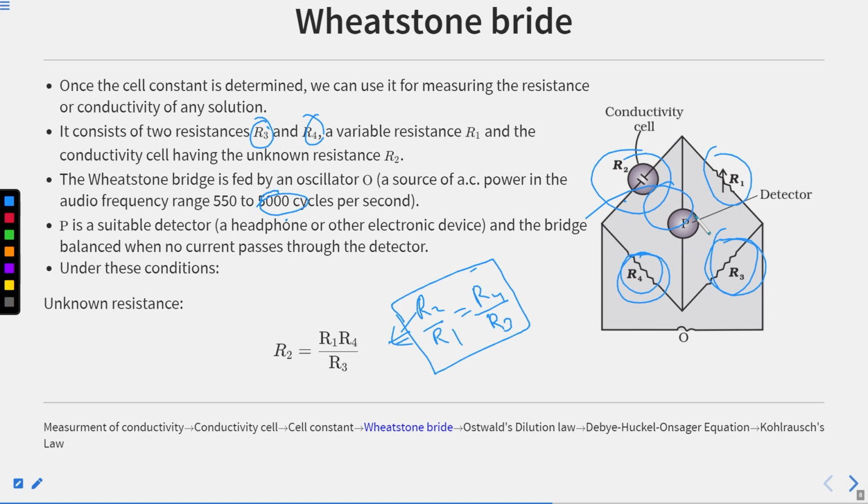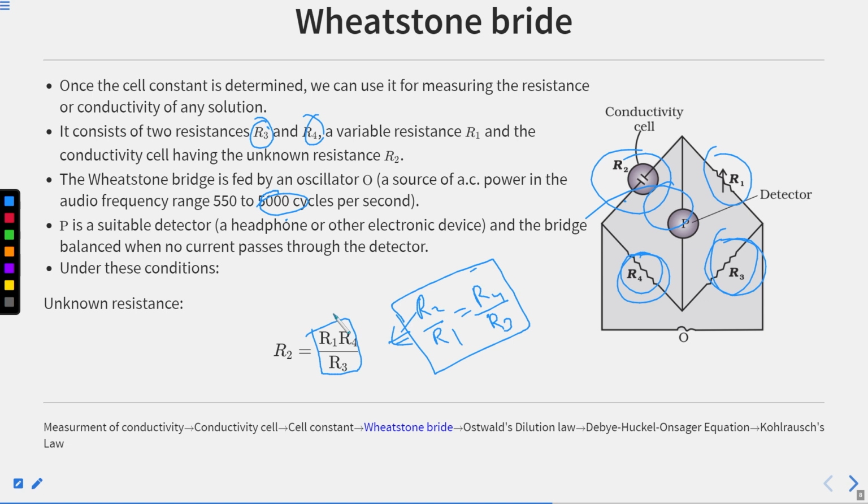So when the detector shows no current, we will calculate R2. We know R1 and R3 already, and since we are varying R1, we know the value of R1 also. So we will put all these values R1, R4, R3 into this combination to calculate our R2.